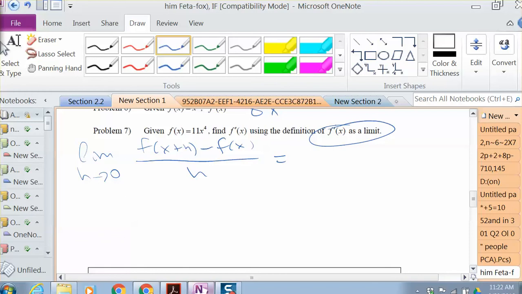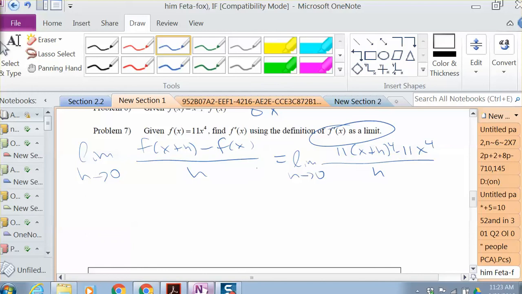Now, I'm going to have 11 times x plus h raised to the 4 power, minus 11x^4, sorry, my bad, over h. Limit as h approaches 0. Again, that's an 11 right there. Make that a little more clear. So f of x is 11x^4. We know that. And of course, if you replace x with x plus h, then you get x plus h to the 4 power times 11.